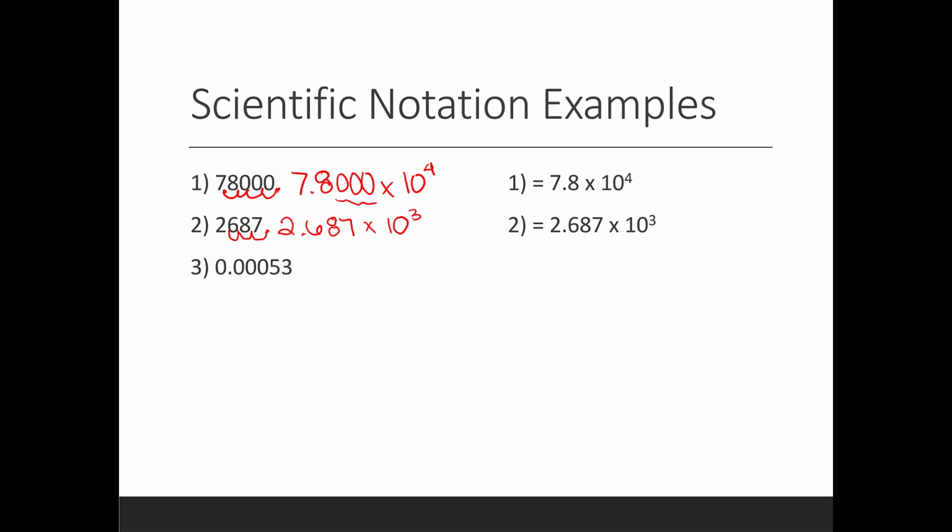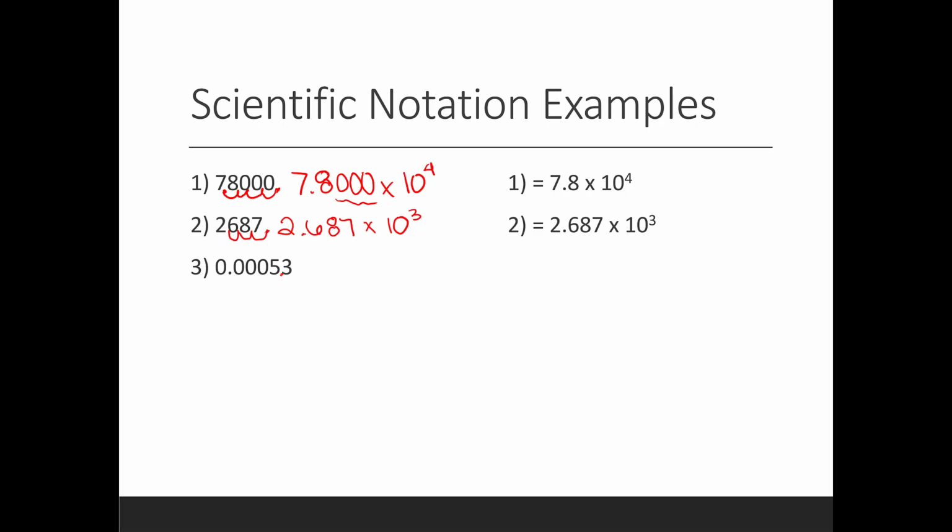What about for a number that's smaller than 1? We learned on the last slide that for numbers that are smaller than 1, we're going to end up with a negative exponent. The question is, of course, what number will that be? Well, our decimal is over here. We know that the decimal needs to end up between the 5 and the 3 because we have to have a number between 1 and 9 as our coefficient.